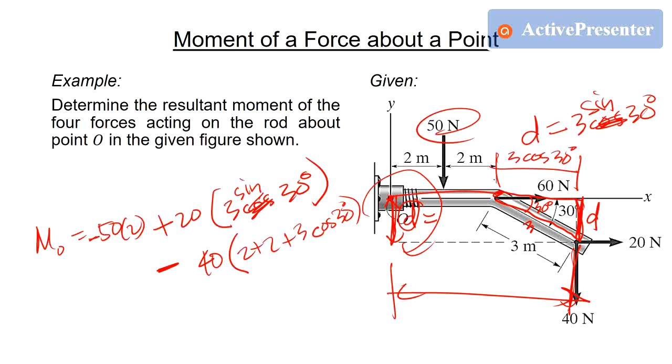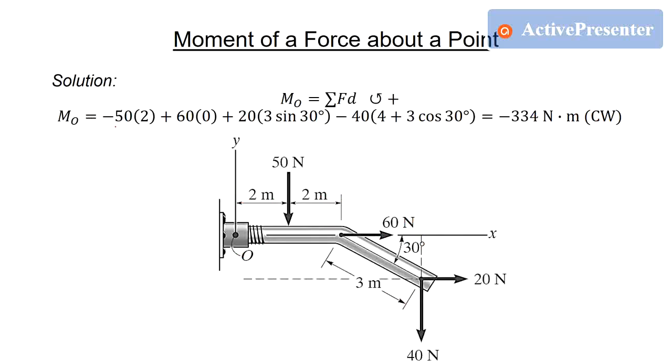So this will be the solution, which will look like this. Negative 50 times 2, clockwise effect, so that's why it is negative. Then we don't include 60 because it doesn't have a distance about point O, because it's passing through the point. Then we have 20.